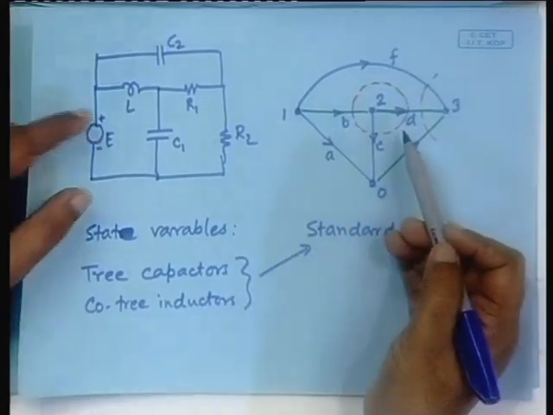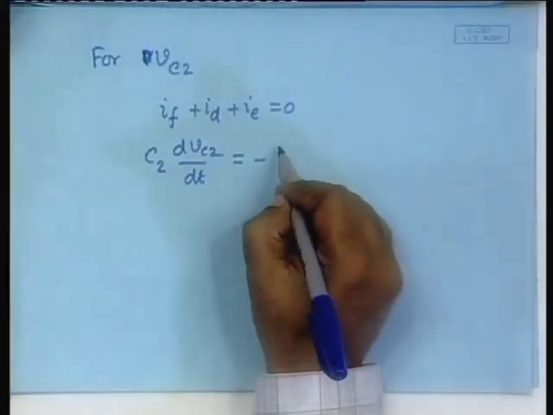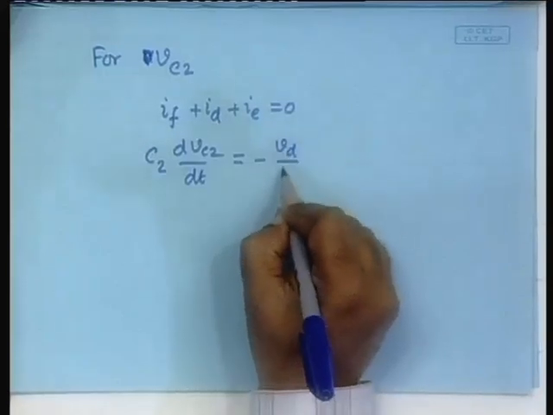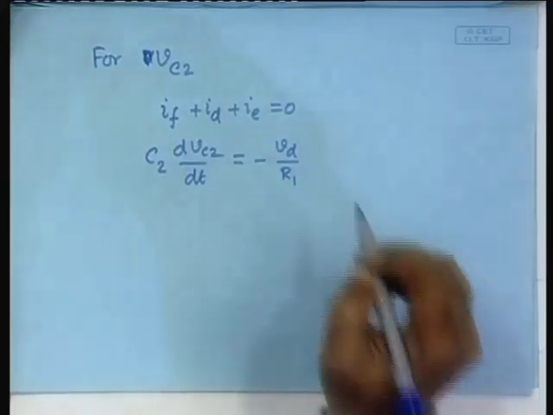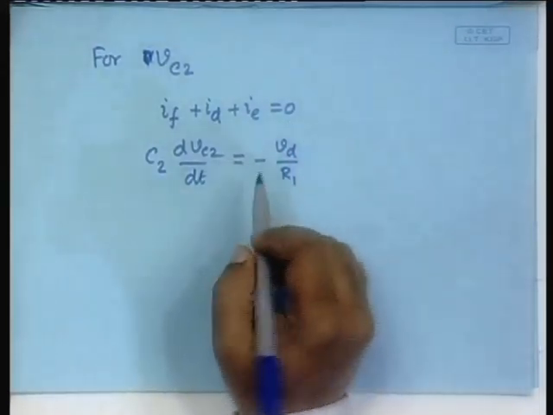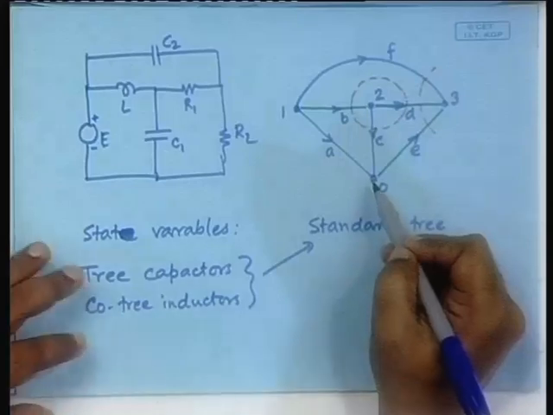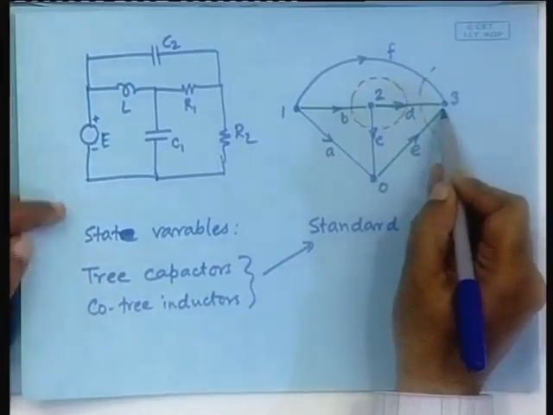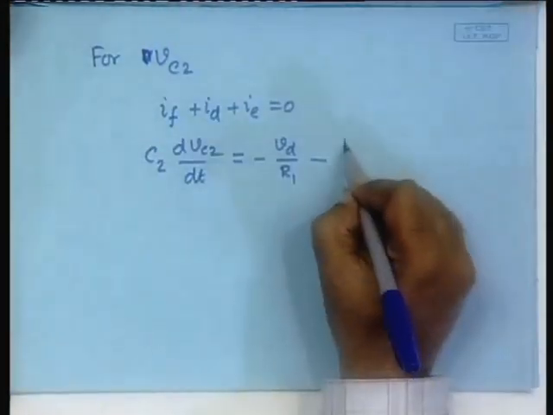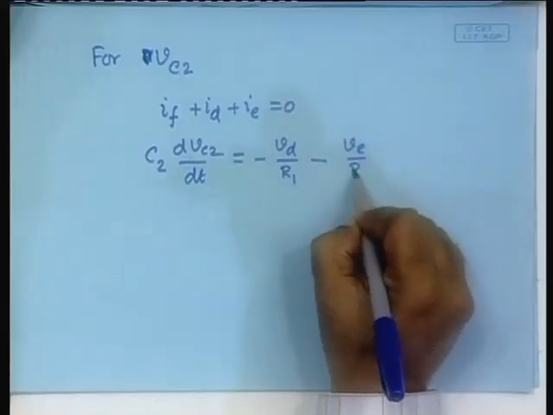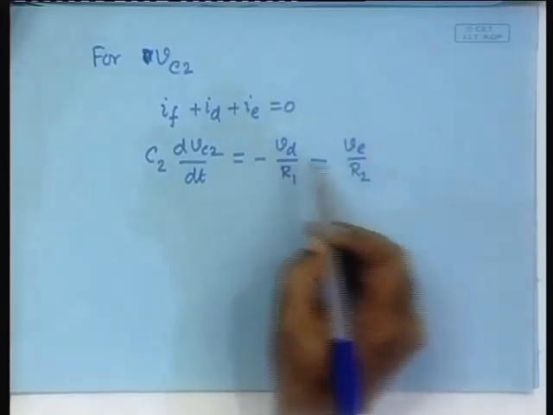So, we can simply substitute. ID is VD by R1 and VD we can substitute, we know what it is. IE is VE by R2.